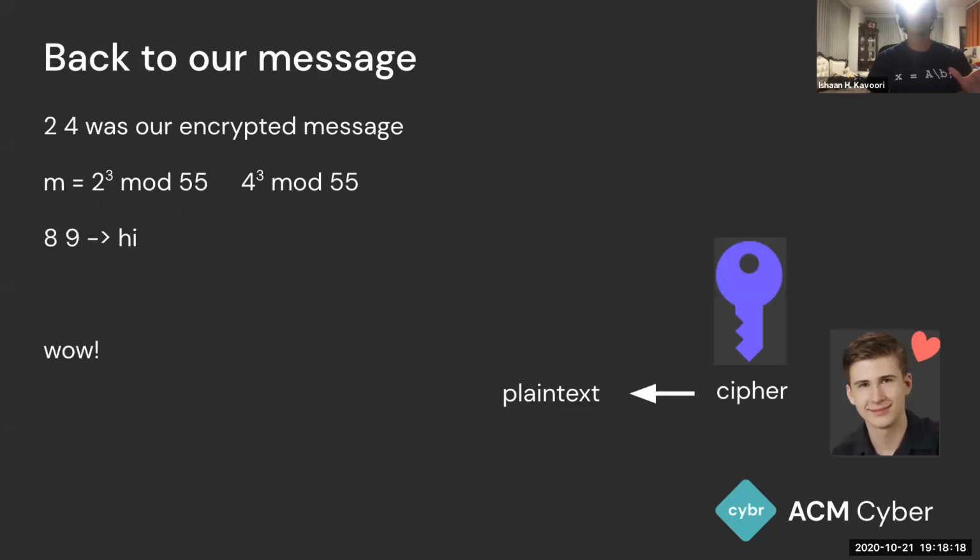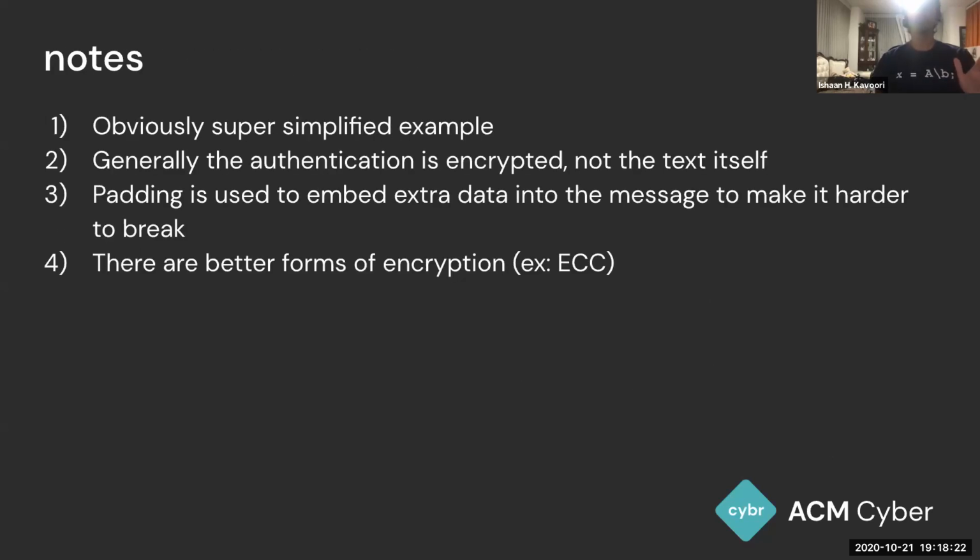Similar sort of thing with what we just talked about. If someone intercepts the message and they know that the message is just 2 letters long, well, how many 2-letter words are there in the English dictionary? Not a lot. And if you made that guess, then you might be able to determine what the private key is, work backwards from there. And that's why padding is used.